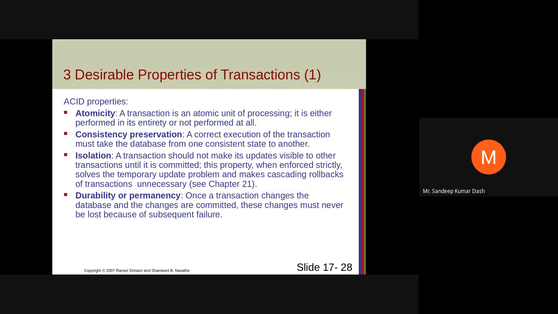No. Whatever data has been reflected or committed, that should be present at that point of time, until it is further modified. So that is durability. Even if the database fails or something happens, it should give you proper data, not incorrect data.